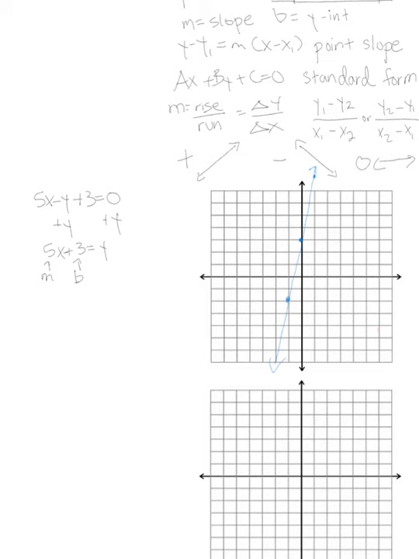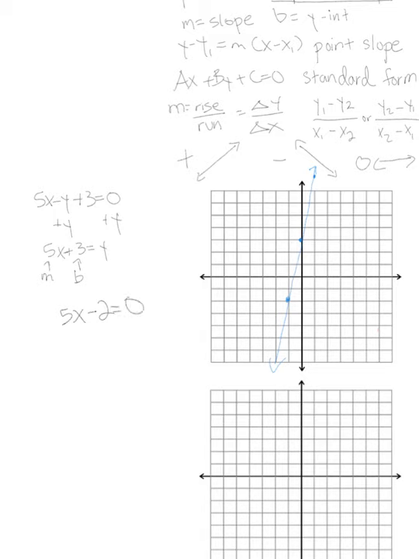Next equation. Let's say here we have 5x minus 2 equals 0.